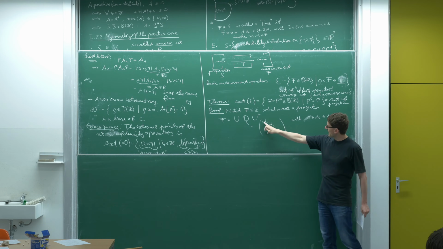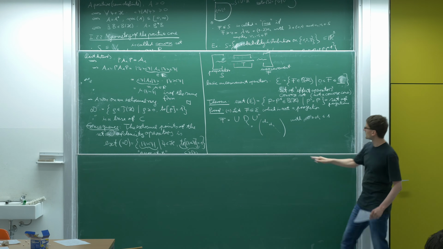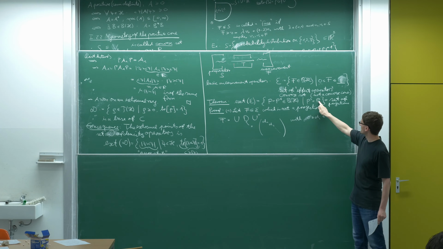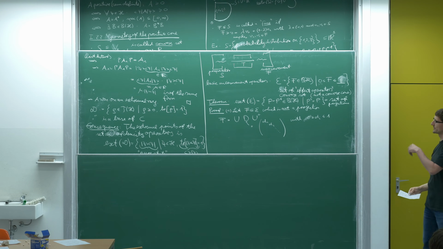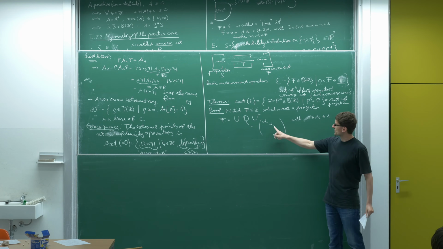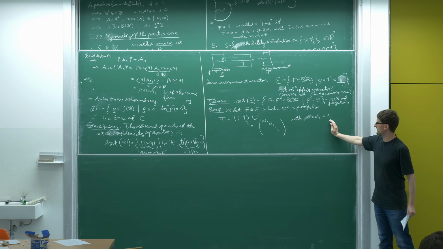If every eigenvalue were either 0 or 1, then the operator F would be a projection, because the square of 0 is 0 and the square of 1 is 1. So projections are exactly the Hermitian operators which have eigenvalues just 0 or 1 and nothing else. So since F is not a projection, there exists one eigenvalue which is strictly in between.